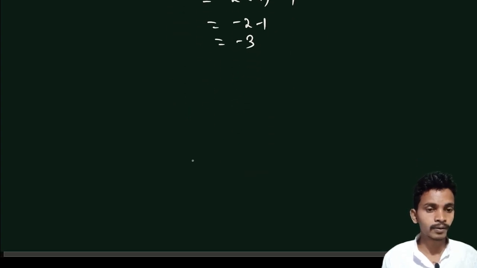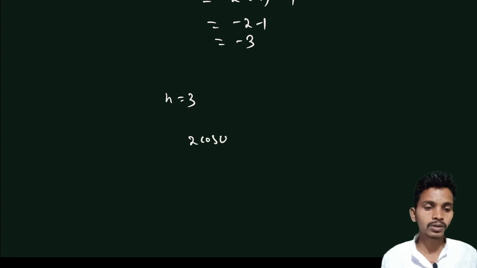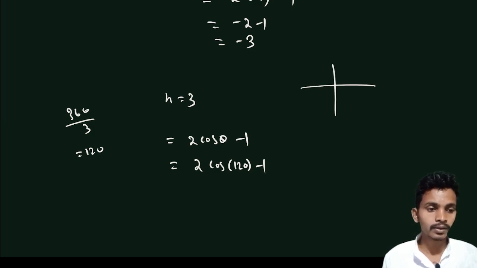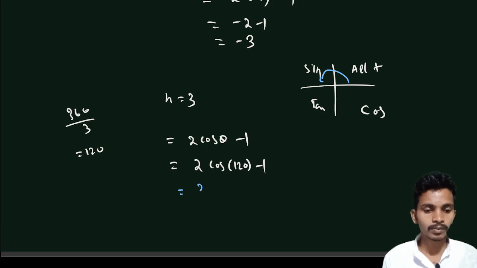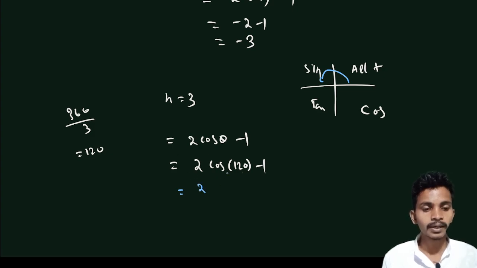Similarly, if n equals 3, then 2 cos theta minus 1, with theta equal to 360 upon 3, that is 120. Again use 2 cos 120 minus 1. Using the same quadrant rule, cos 120 is negative.